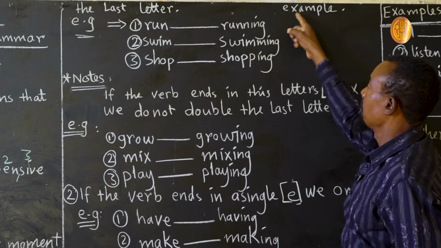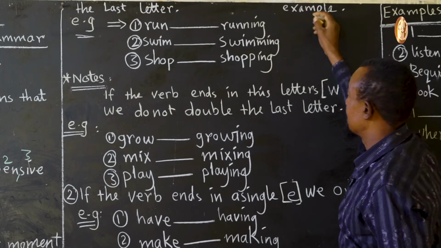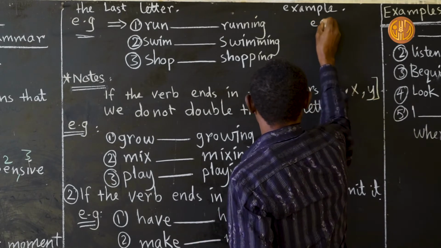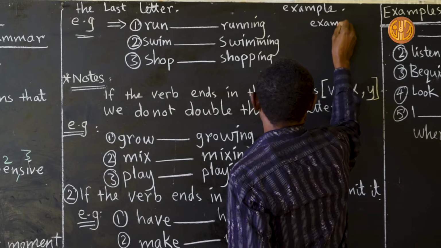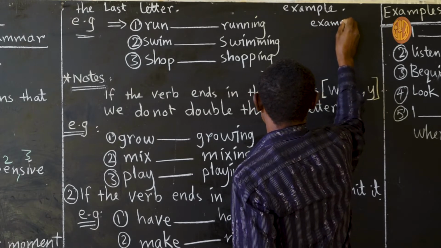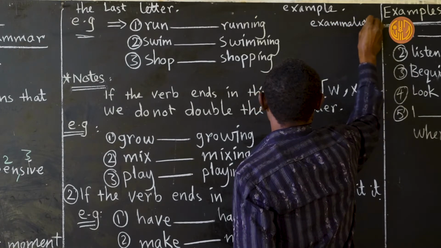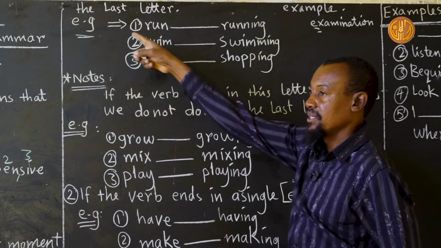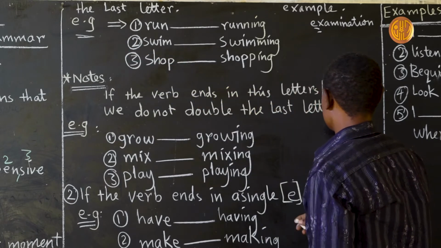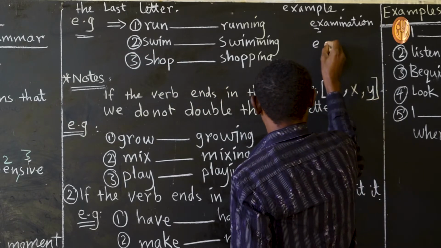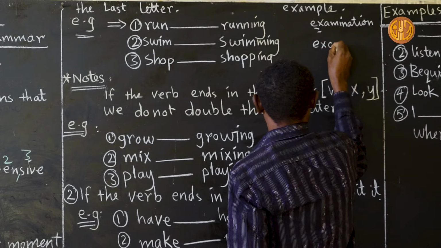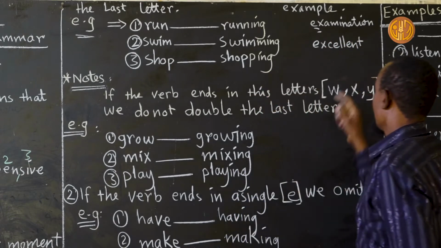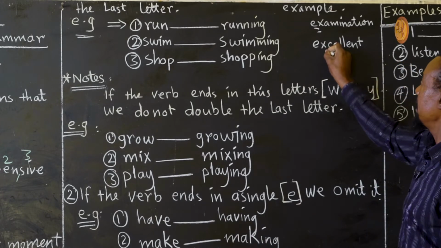We pronounce it eg, example, or also another word like this, exam, examination. Here, the sound of EX is eg, you see? But sometimes, here, E-X-C-E-double L-E-N-T, excellent, you cannot say eg.